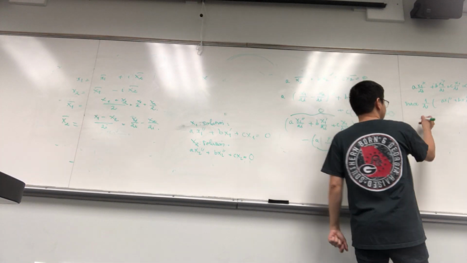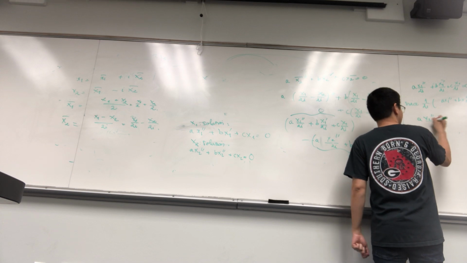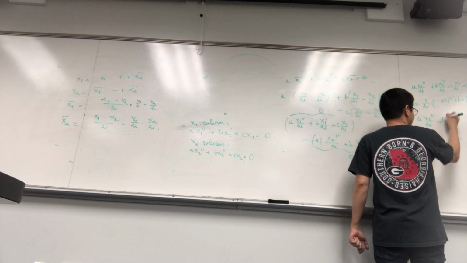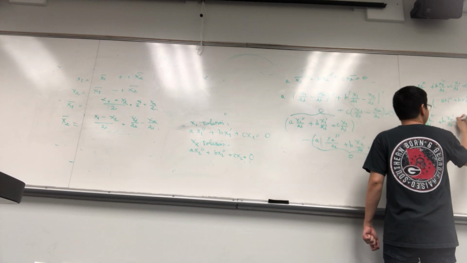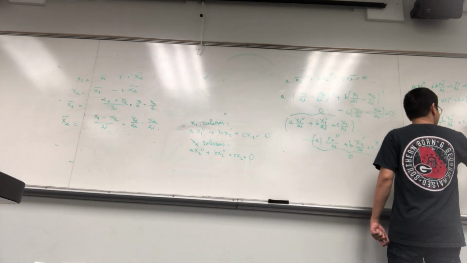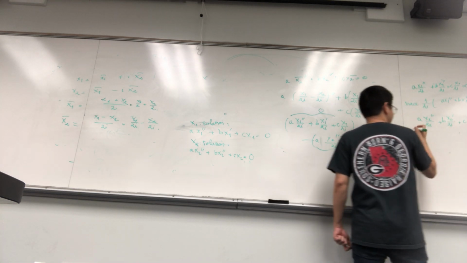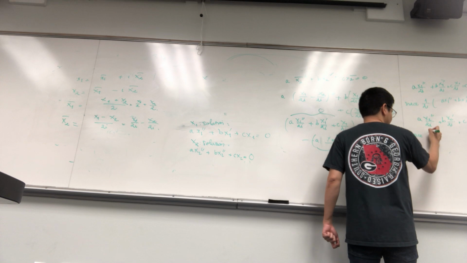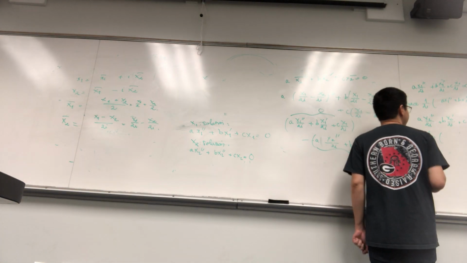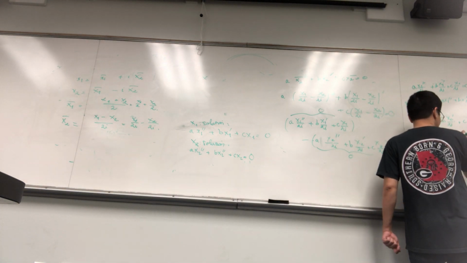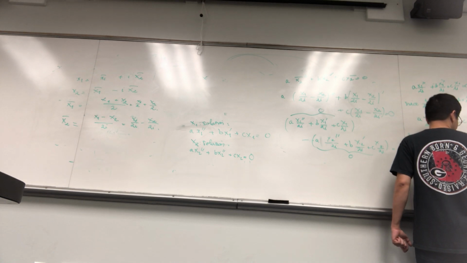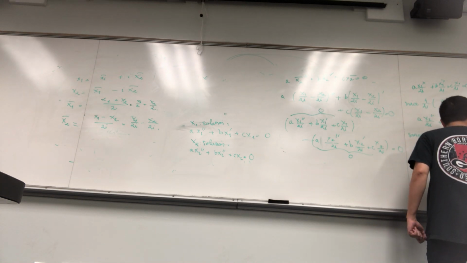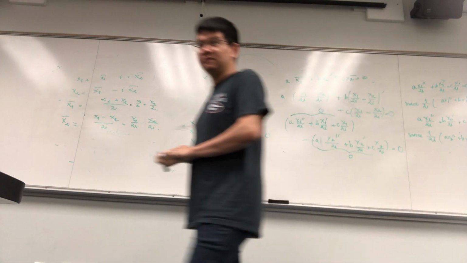And similarly, you also have a x2 over 2i plus b x2 prime over 2i plus c x2 over 2i. It's also 0 because you can put the 1 over 2i outside. So a x2 second plus b x2 prime plus c x2 is 0, right?